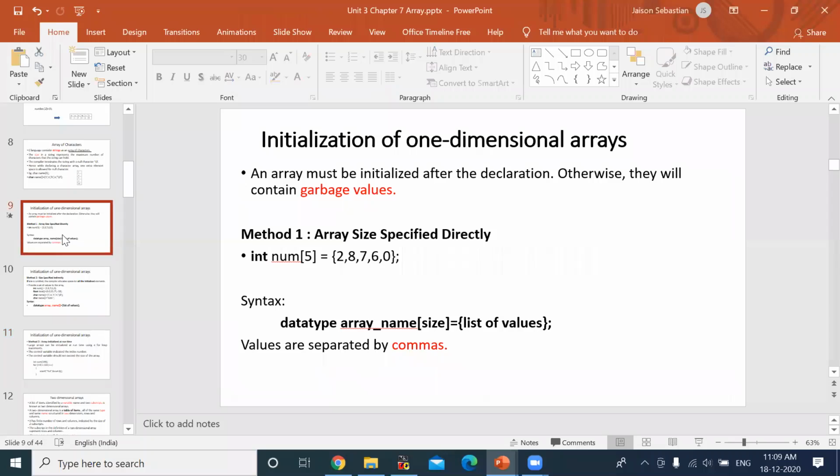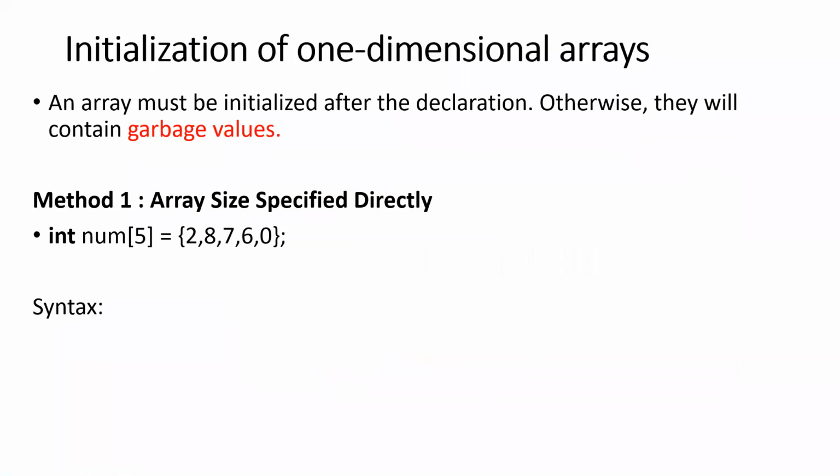As I told, initialization of the array can be done during compile time. When you are declaring the array itself, you can assign the values. So 2 will be in index position 0, 8 will be at index position 1, like that. Maximum 5 elements will be there in the array called num.